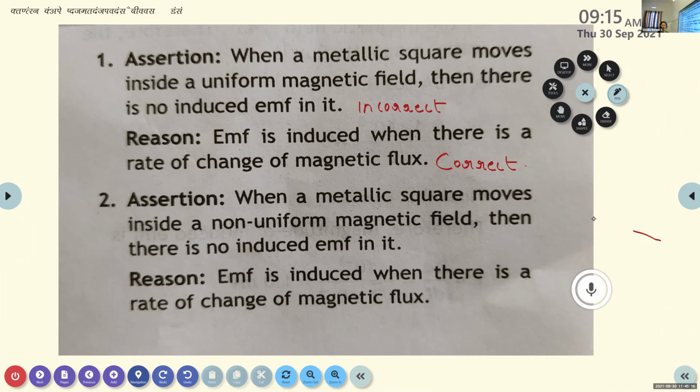Is it correct or incorrect? At least guess and answer. Sometimes it may be true.